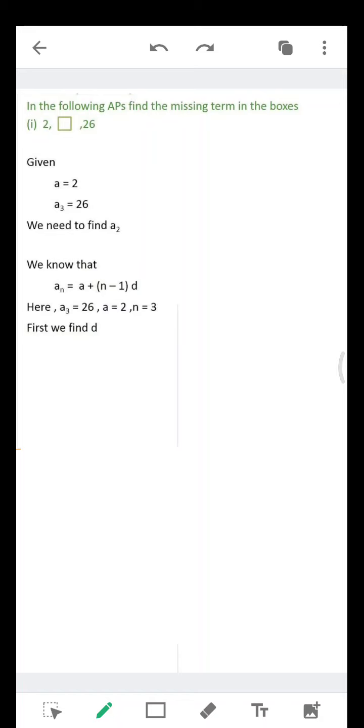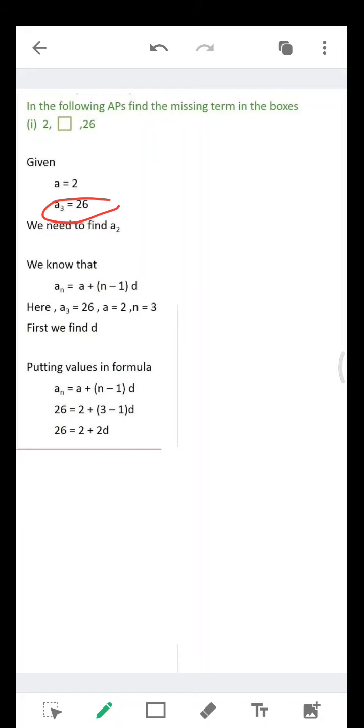So for that we'll find the value of d. We'll put these values in the formula. a3, what is a3 given to us? a3 is given to us as 26. So 26 equals a plus n minus 1, where a is 2 and n is 3, and we don't know the value of d here.